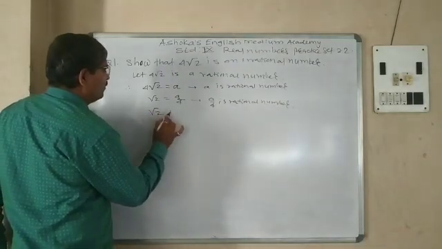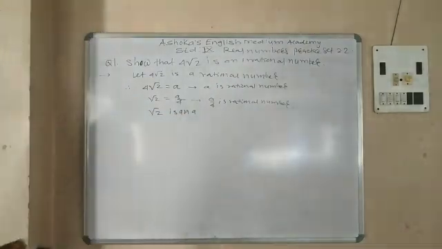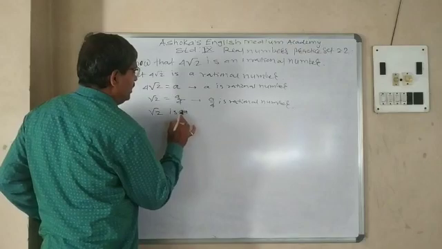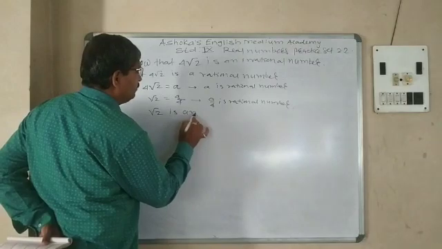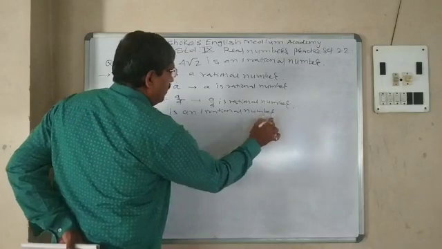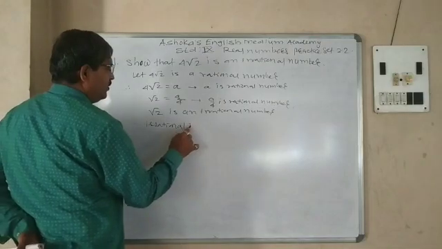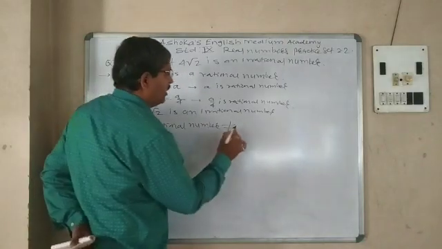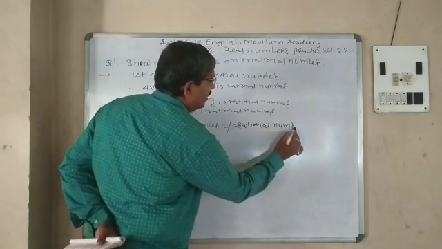Root 2 is an irrational number. Therefore, an irrational number is never equal to a rational number.